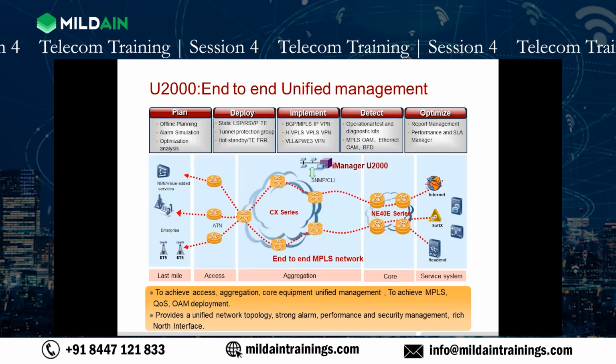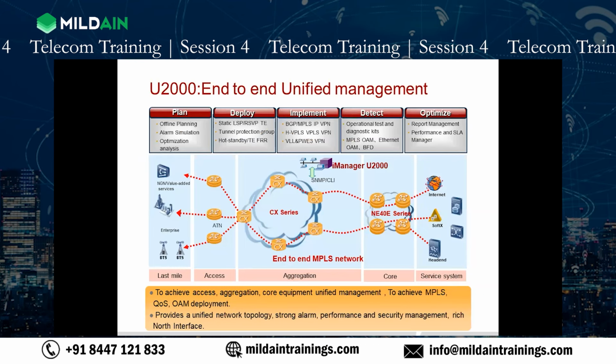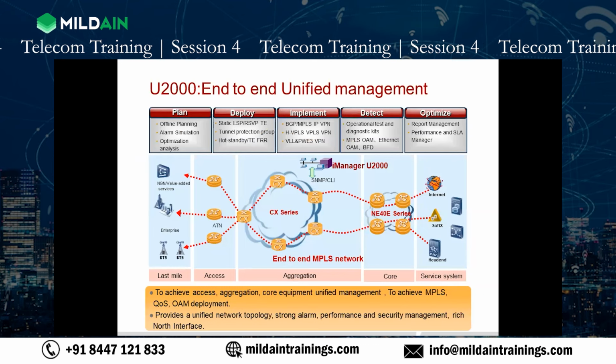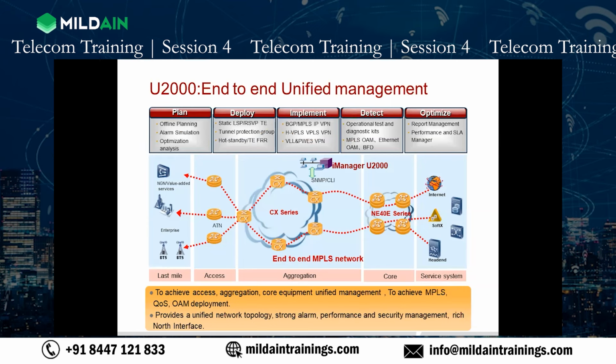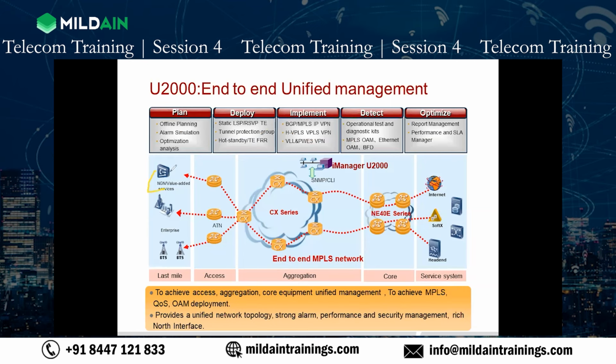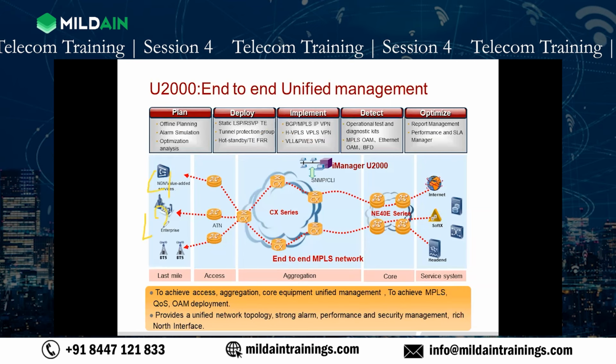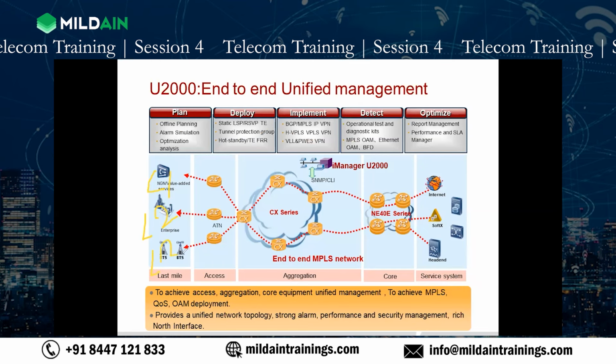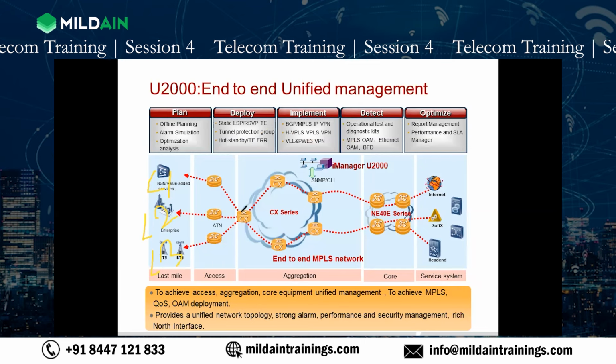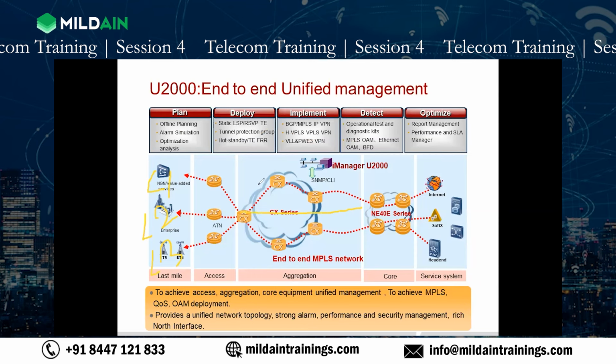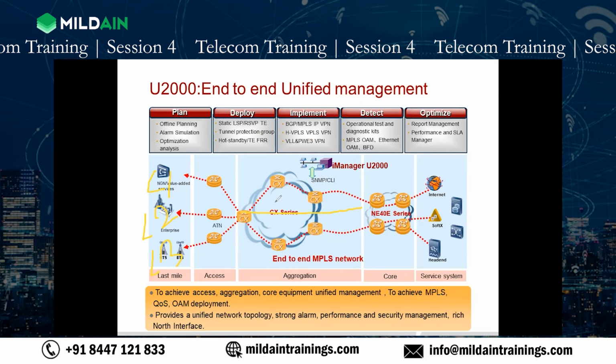This one. Switch. Unified management. Layer 1, layer 2, layer 3 traffic. So you can correlate with this. Yes, we discussed. It could be layer 1, it could be layer 2, it could be layer 3. And this one, you can pass it via NNI.